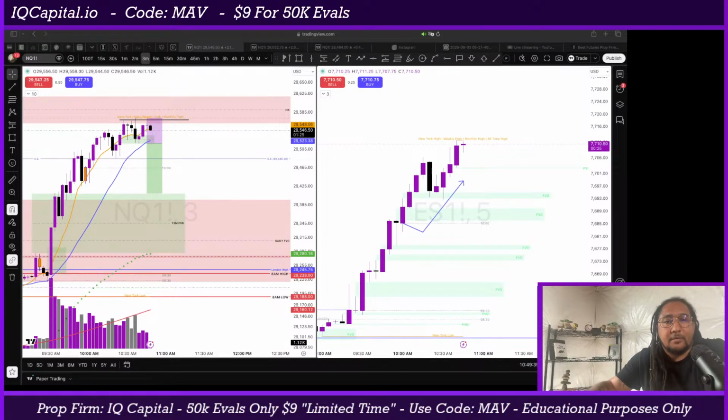About 30 seconds left till we hit that 1050 macro area. That 1050 macro time frame. Let's see where price wants to deliver.